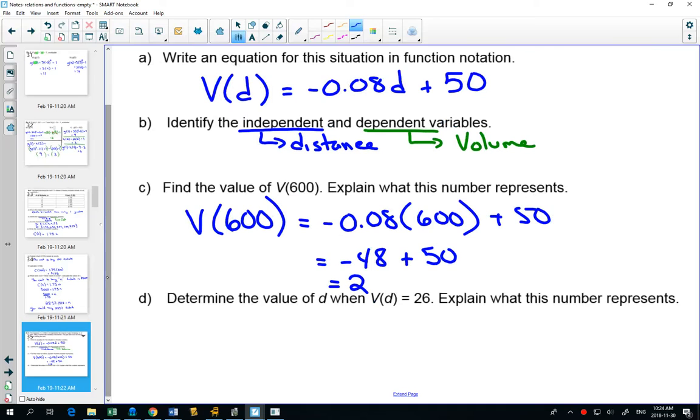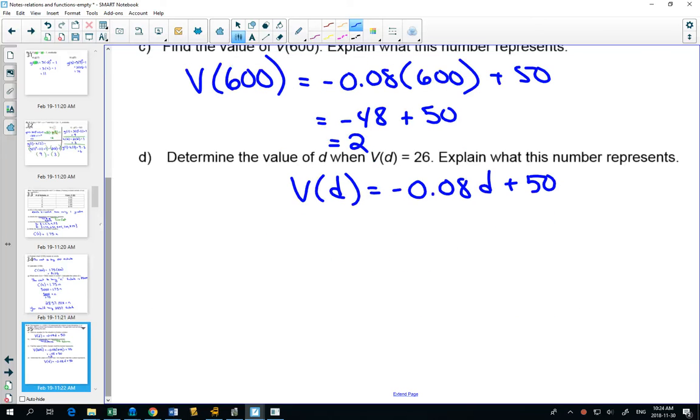Determine the value of D when the volume is equal to 26. So if I rewrite our formula in function notation, we want to find the distance. This is the thing that sometimes students have trouble with in function notation. Even though V of d has 2 letters in it, it means one thing.